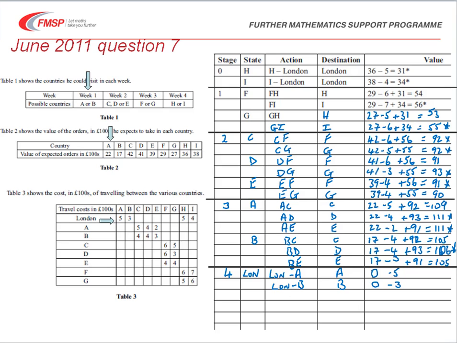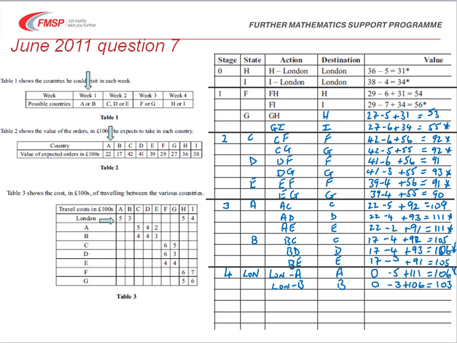Again, looking at A in the stage above, the maximum there is 111, so we can subtract the 5 from 111, giving us a final value of 106. Or if we move to B, we can see that the maximum there is 106. So subtract the 3 gives us 103.